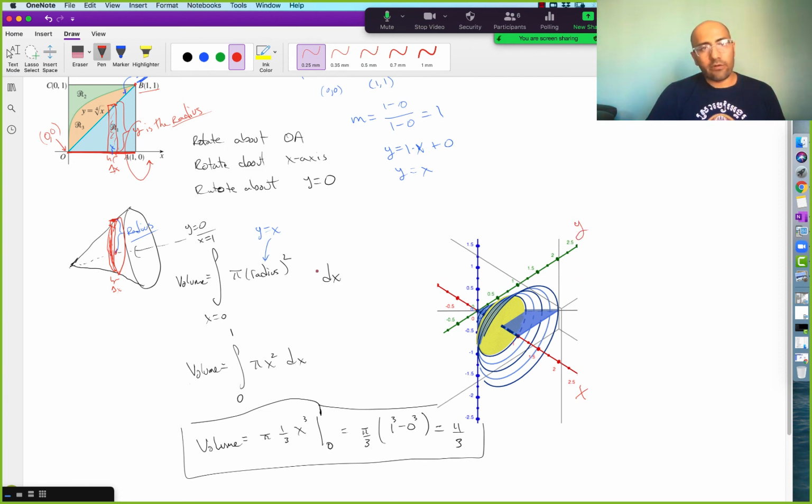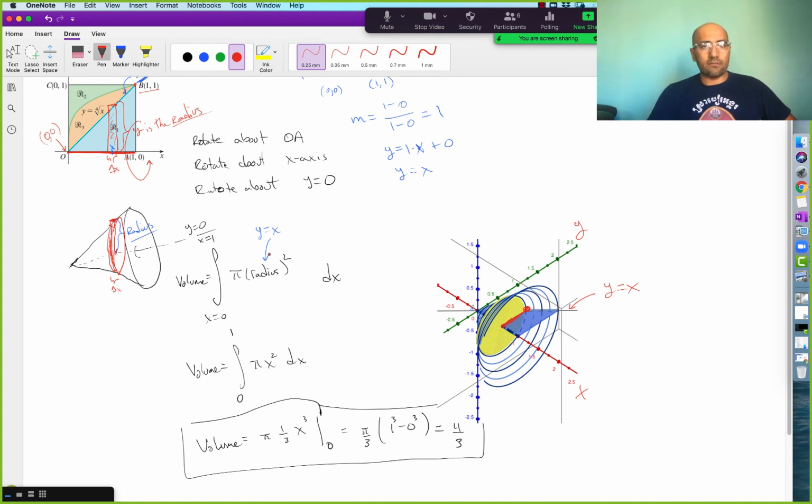So on the floor of this is this triangle. And so the radius is from there to there. That's the radius. And we need to figure out that relationship, and the relationship there is given by the equation y equals x. And so that's how we establish what the radius is going to be.